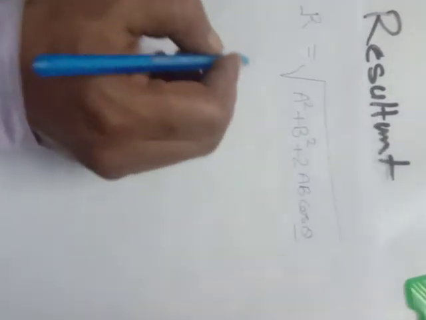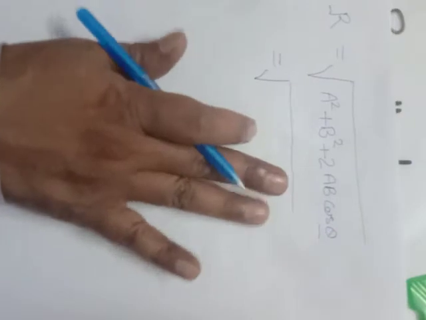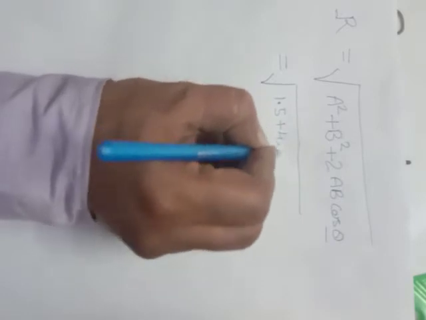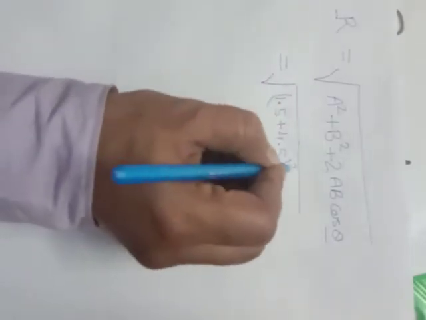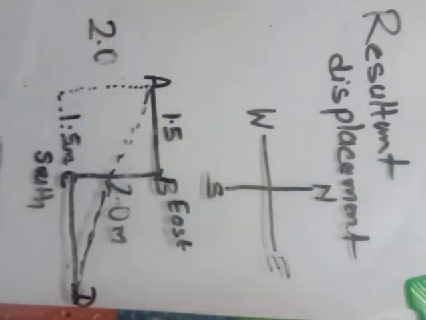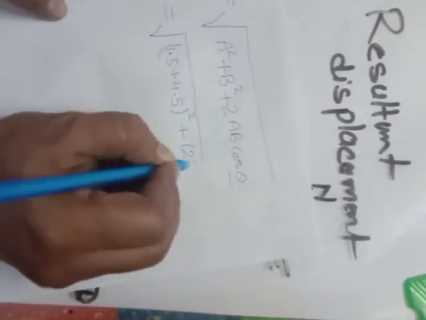By substituting the values, here A is 1.5 plus the remaining 4.5, that is the value of A, and B is 2, whole square.